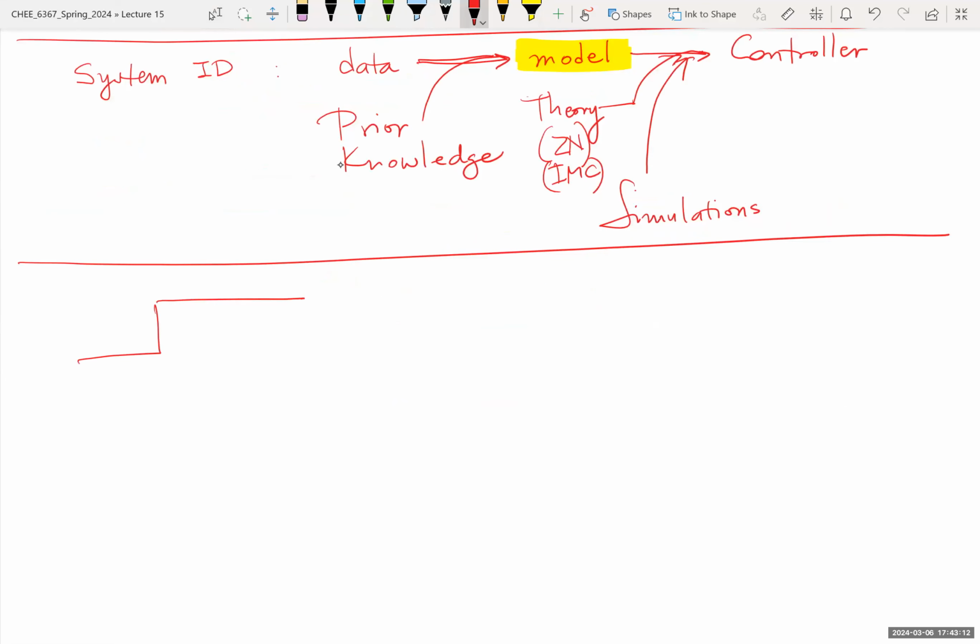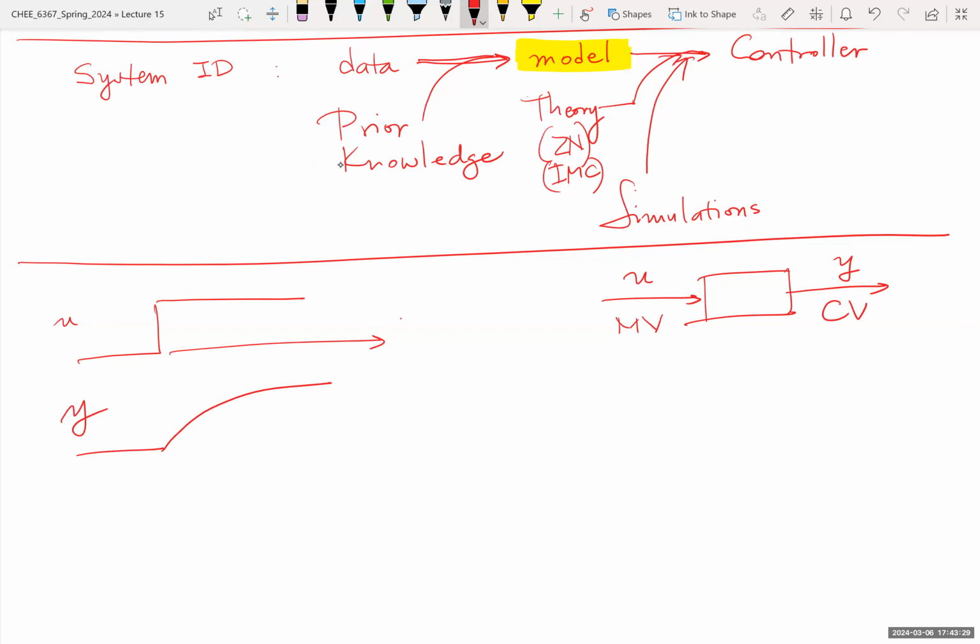If you have the manipulated input U to your system, and the system is first order, so your control variable responds in a certain way.